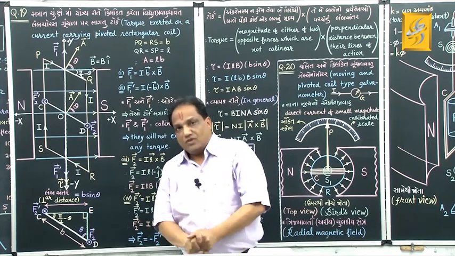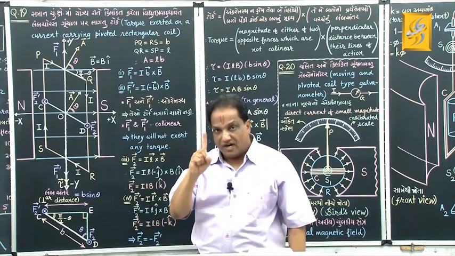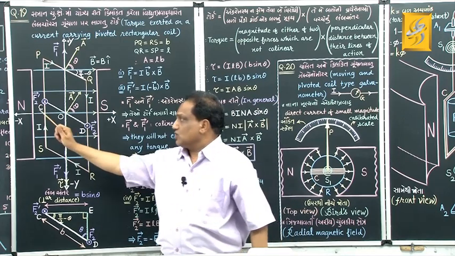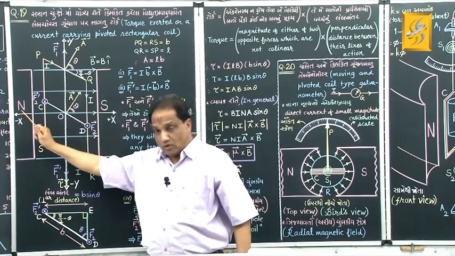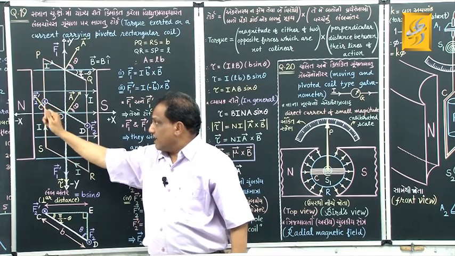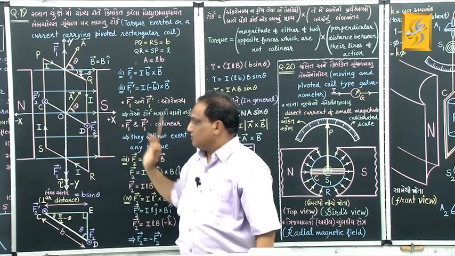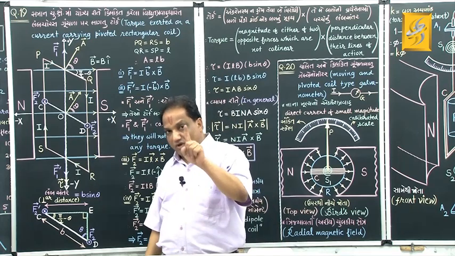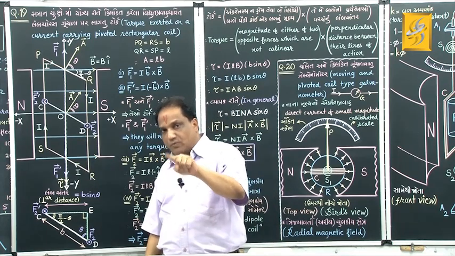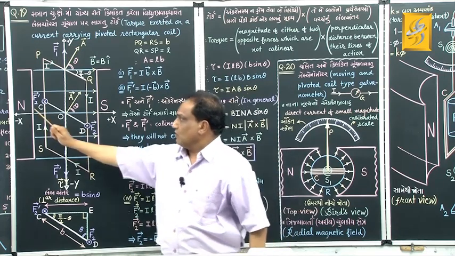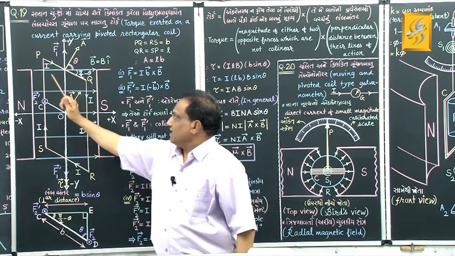Now here we consider a uniform magnetic field which is applied externally between these two planar magnetic poles. This is the planar magnetic north pole, this is the planar magnetic south pole. Magnetic field is always from north pole to south pole, in this direction.